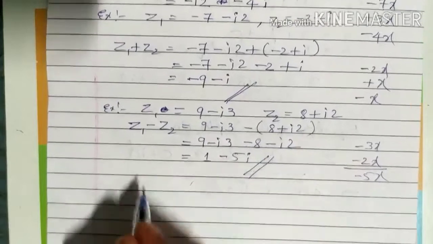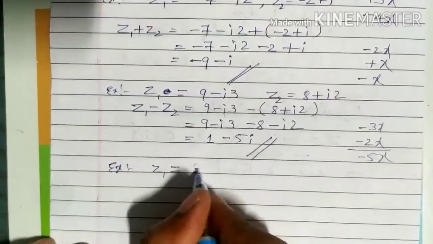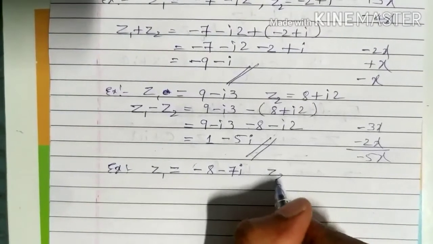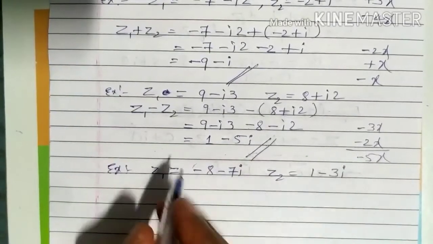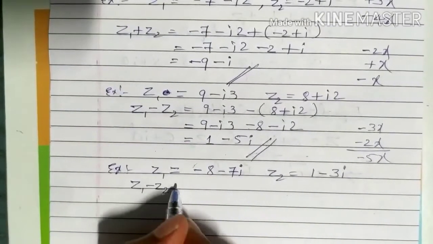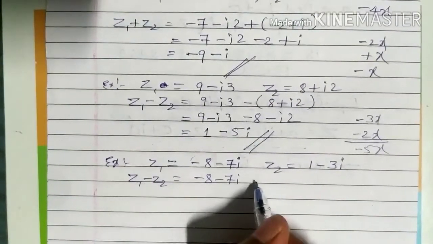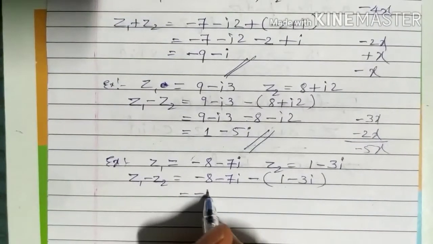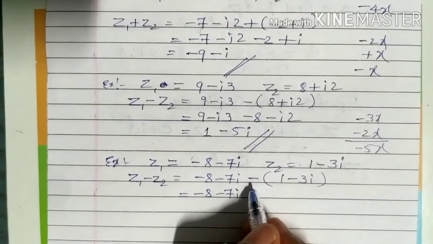If I consider one more example, z1 is equal to minus 8 minus 7i, z2 is equal to 1 minus 3i, z1 minus z2, that is equal to minus 8 minus 7i minus, 1 minus 3i. So you have to put bracket always whenever you have subtraction.